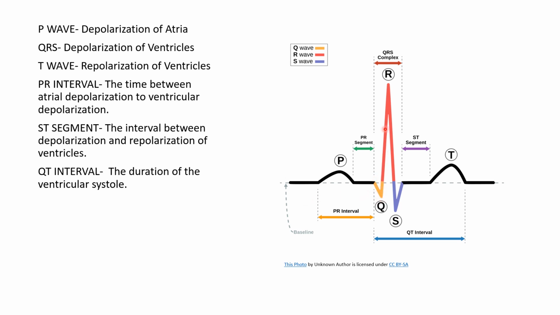And here we can see the QRS complex, which is the depolarization of the ventricles when the ventricles contract. After that, there's the ST segment. What does the ST segment represent? It represents the interval between depolarization and repolarization of the ventricles.